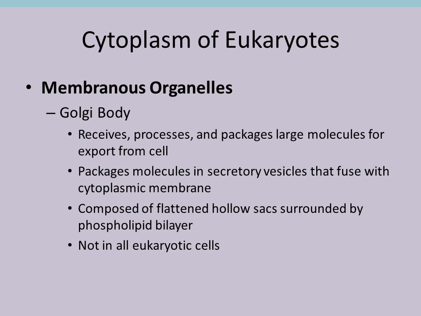The Golgi body or the Golgi apparatus, this is where typically it will receive large molecules and has processing before those molecules are exported out of the cell. One of the main things that it's going to be receiving are proteins.